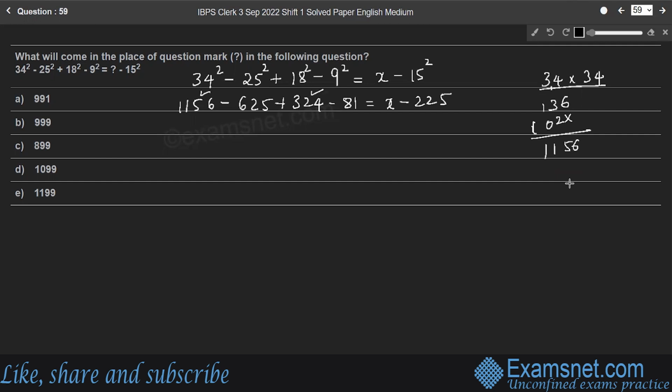So x is equal to 1156 plus 324 minus 625 minus 81 plus 225. Therefore, we get 999 as answer. X is 999. Therefore, option B is the right answer.